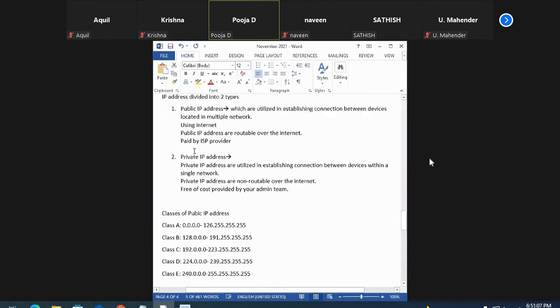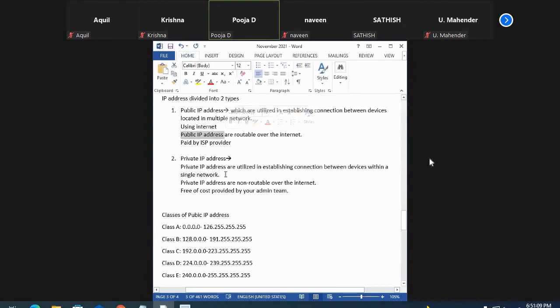Non-routable means what? Here you can see, if you are searching something on Google, if I am searching for facebook.com, within a few seconds it's giving me the result, right? That means it takes your query through the internet, searches somewhere, and wherever it finds the correct content, it takes that content and gives you the result.